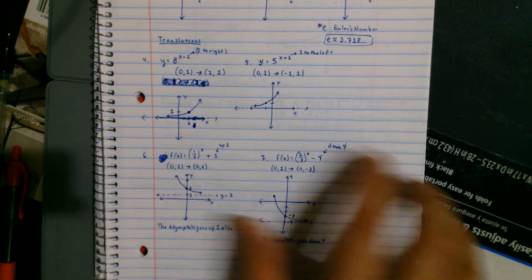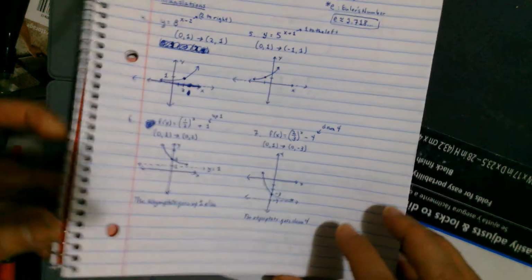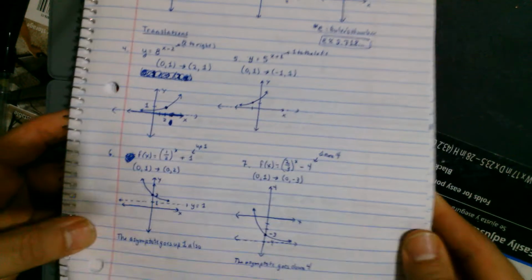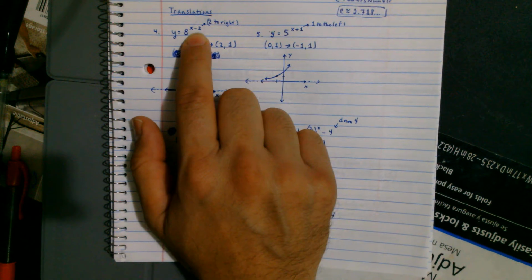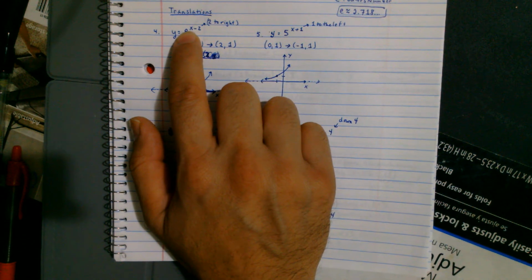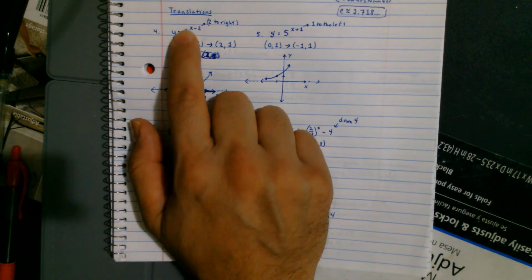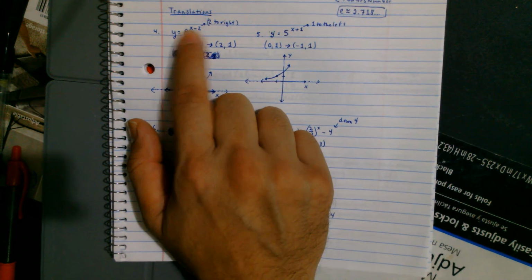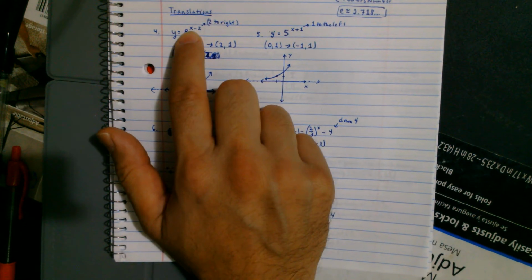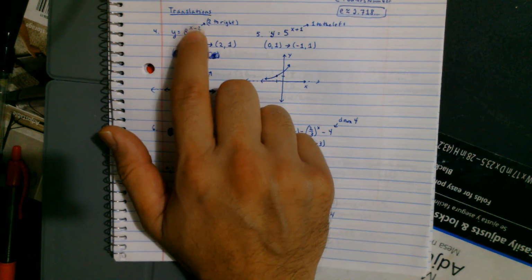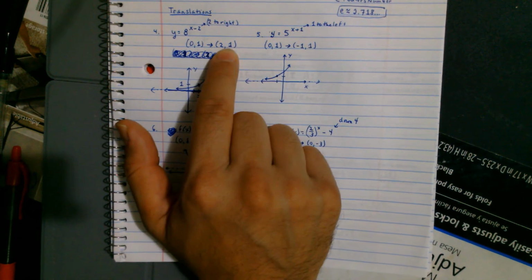So what I'm going to show you here is the translations essentially. If you put a minus in the exponent, the 0 essentially becomes a positive, because the y value wants to remain at 1, so this whole thing has to be 0. So what can I plug in for x to make the 0 the opposite sign? So positive 2.